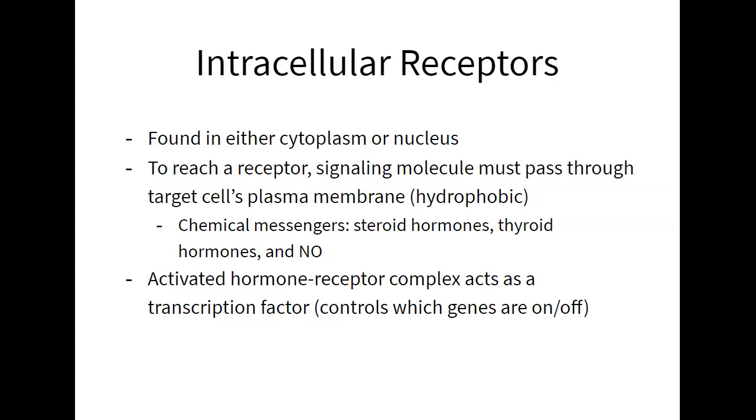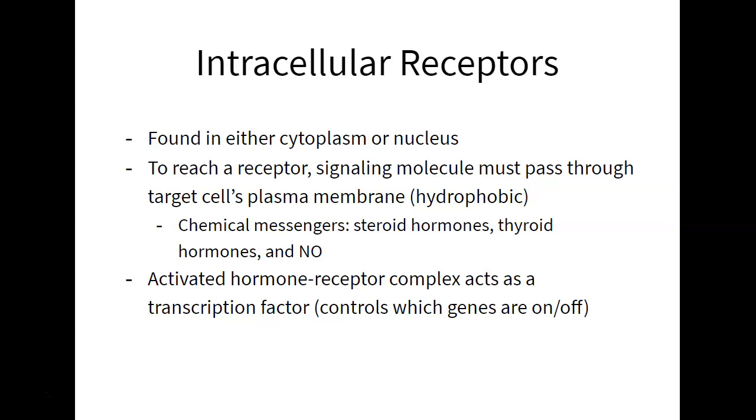And as we will learn, when those signals or ligands actually bind to the intracellular receptor, wherever it may be, it becomes activated. And it can act as something called a transcription factor. Transcription, you may remember from biology, is where you turn certain genes on.